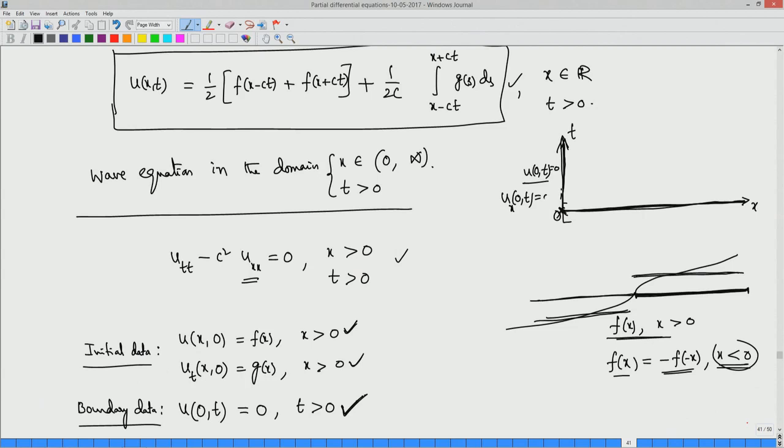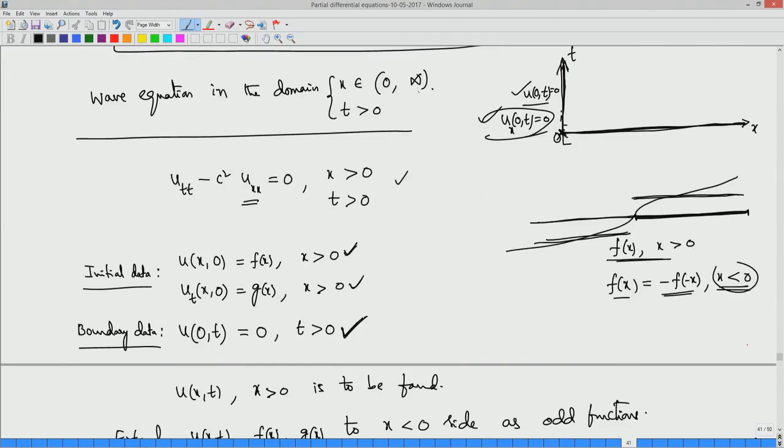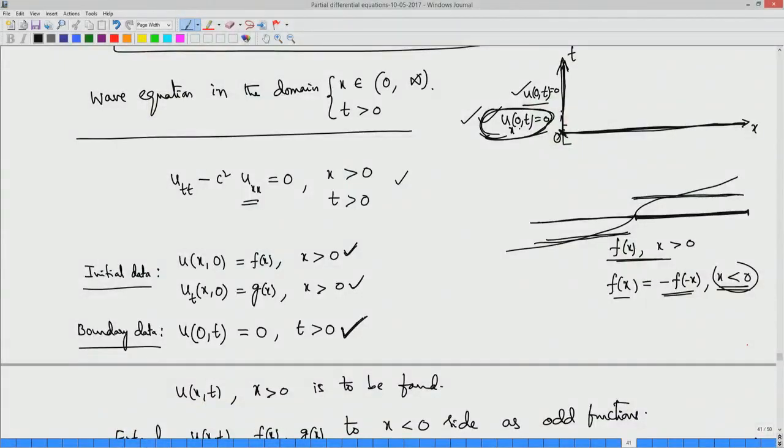If you give this condition instead, how do we solve this? The only thing is, same domain, same wave equation, same initial data, but now the boundary data you are changing to this type, then the idea is simply to extend the functions as even functions, so that this is automatically satisfied. So, this is how you can solve these two types, either this or this given.